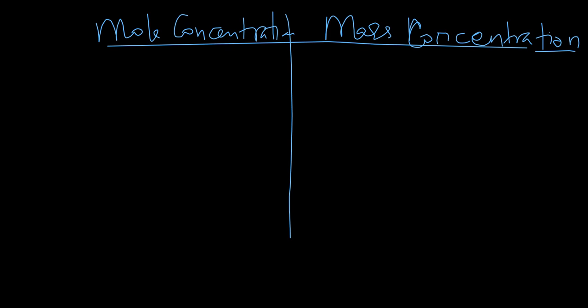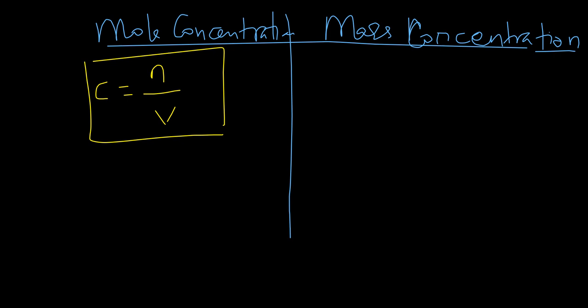So it's represented by C. It's calculated by dividing the number of moles of a substance in the solution by the volume of the solution. That's how you calculate the mole concentration. The mass concentration is also calculated the same way. The only difference is that instead of mole, it will be mass over volume. That's how you calculate mass concentration.